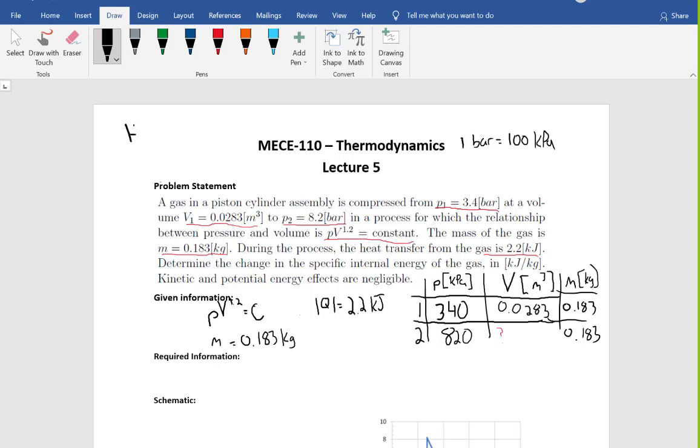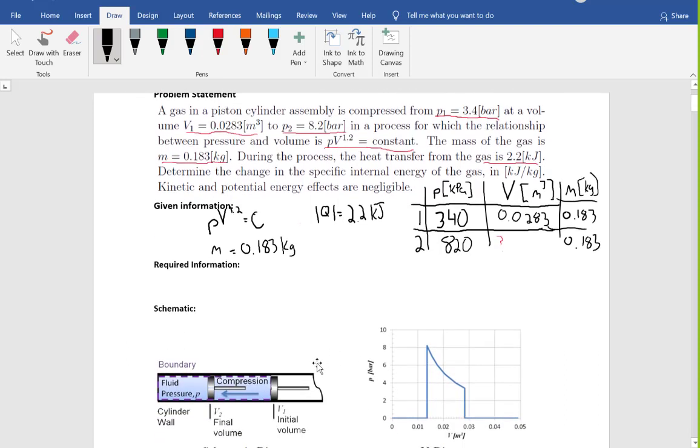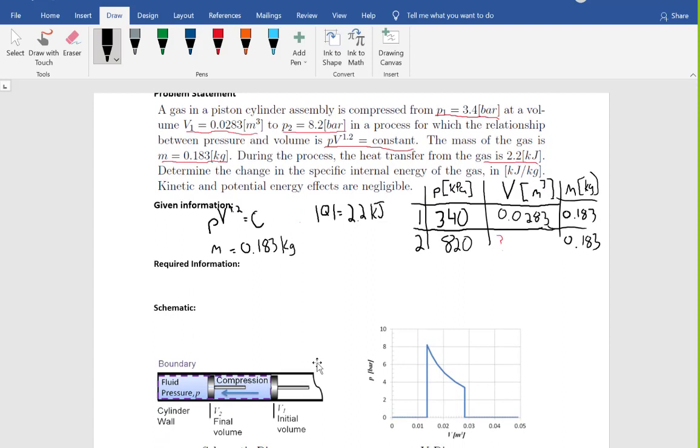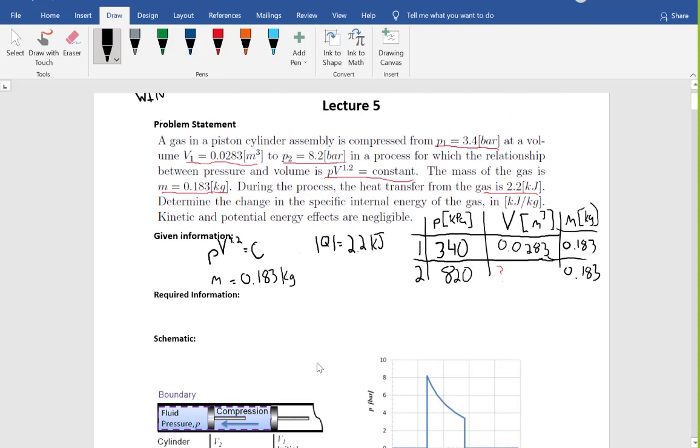I know that heat in is positive, right? But if I look at my schematic here, this is telling me that heat is moving, heat transfer from the gas.